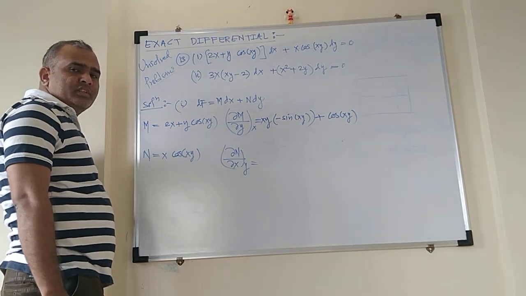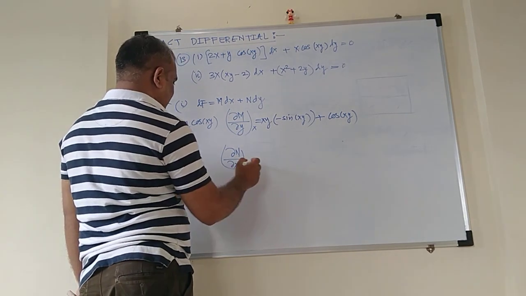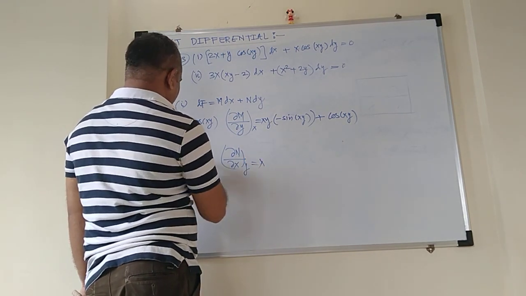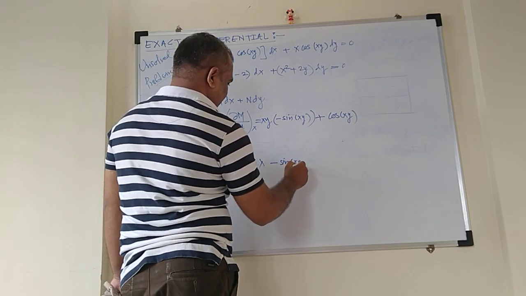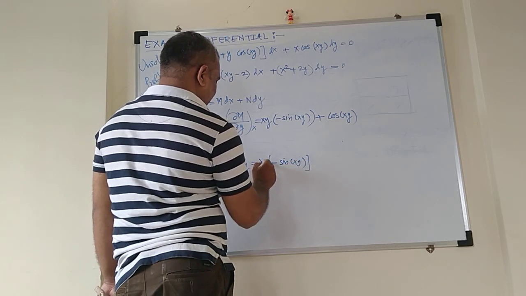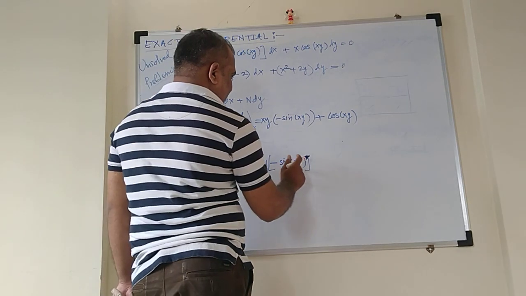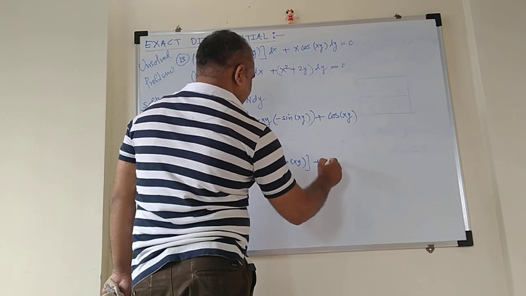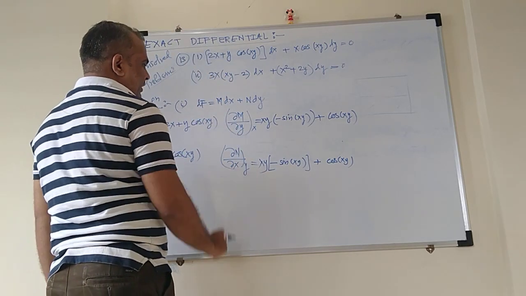So again you have to use your uv rule. First function x as it is into differentiation of cos(xy), which is minus sin(xy) into differentiation of xy with respect to x, which is y. First function into differentiation of second plus second into differentiation of first with respect to x, which is 1.